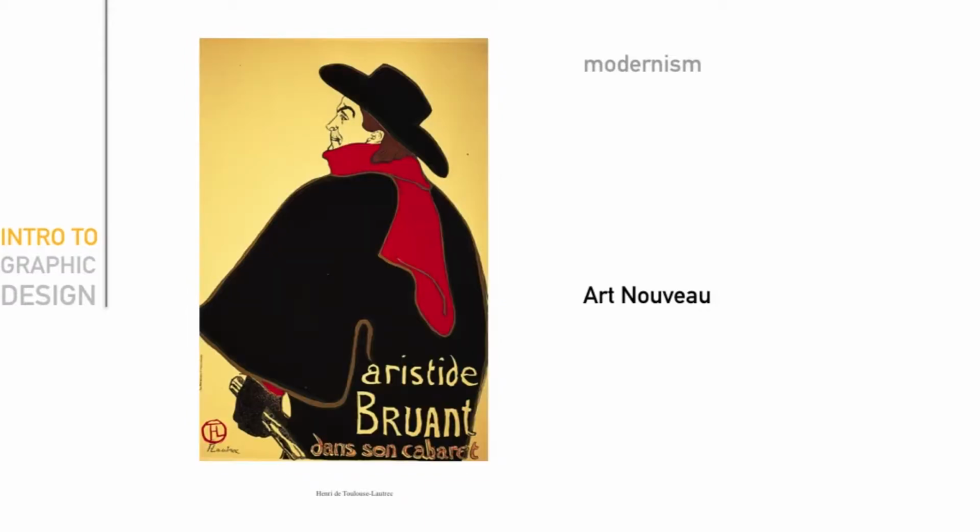In this poster, Lautrec was strongly influenced by the Japanese print tradition, the ukiyo-e and the Edo period. Flat silhouette, there's no modulation of color, there's no color change within the color areas. The drawing uses outline, contour line, interior-exterior contour, and then, of course, the hand lettering.